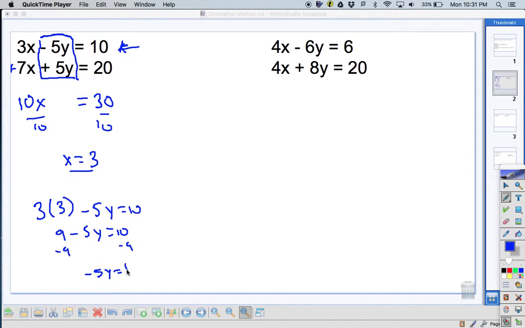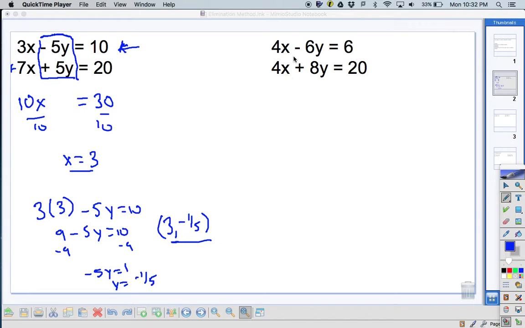And we're going to divide both sides by negative 5, and y equals negative 1/5. So in this case, it ended up being a fraction, and I got the numbers 3 and negative 1/5. Just like before, you can leave them separate and just circle the two answers, or you can put it in point form.